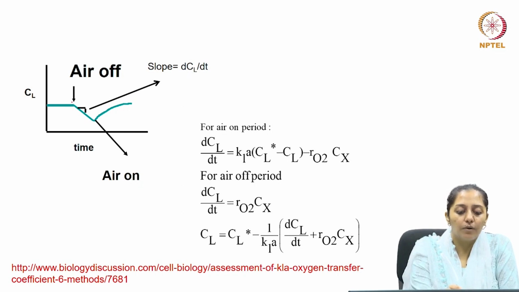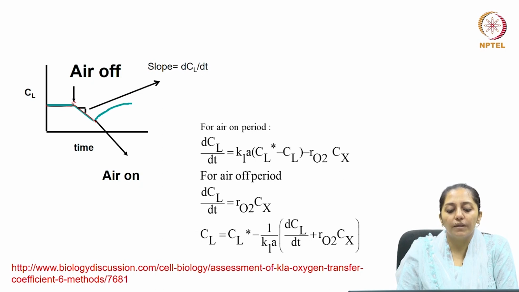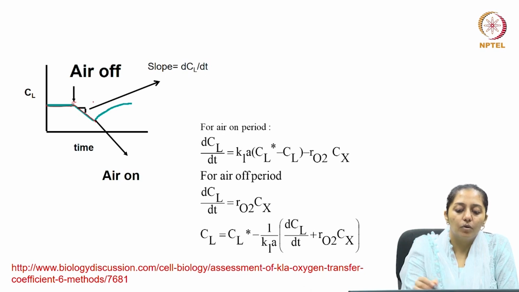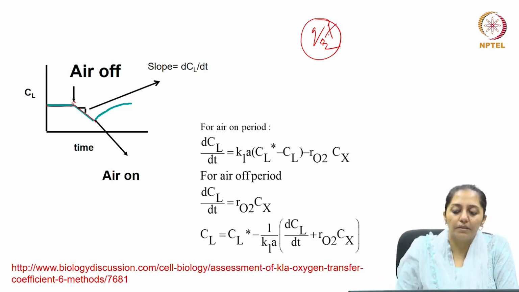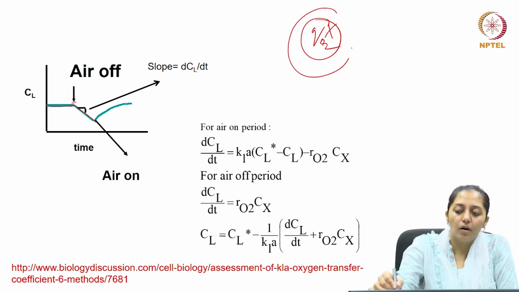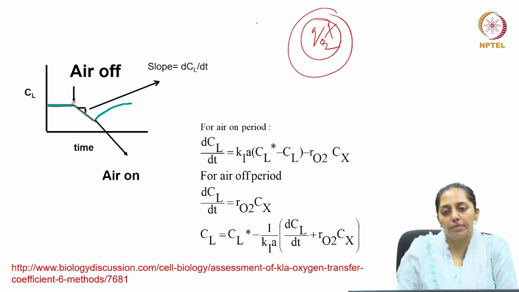Till the arrow showing air off, it is a steady state with respect to oxygen. Once the air is cut off, there will be a linear decrease, assuming that during this experiment there is no significant growth happening. So, x can be assumed to be nearly constant. If Q naught O2 is the specific oxygen demand and x is the biomass, this will determine the oxygen demand or oxygen uptake rate.